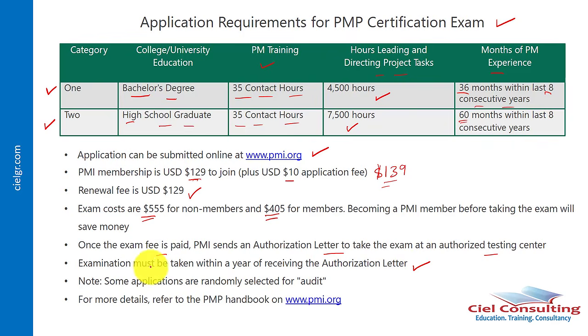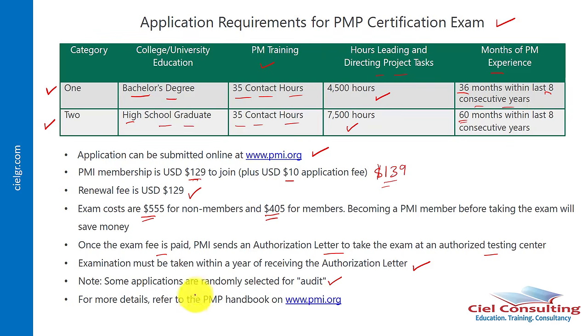So in essence, once you get your eligibility from PMI, you must write your exam within 12 months of that eligibility. Please note that sometimes PMI randomly selects applications for audit. When your application is selected for audit, it might not be because you did not fill out the application well. It's just a way of PMI determining that the data they capture about individuals is correct.